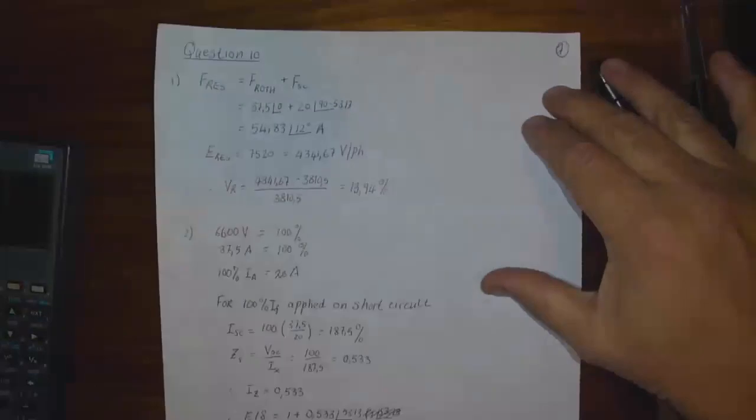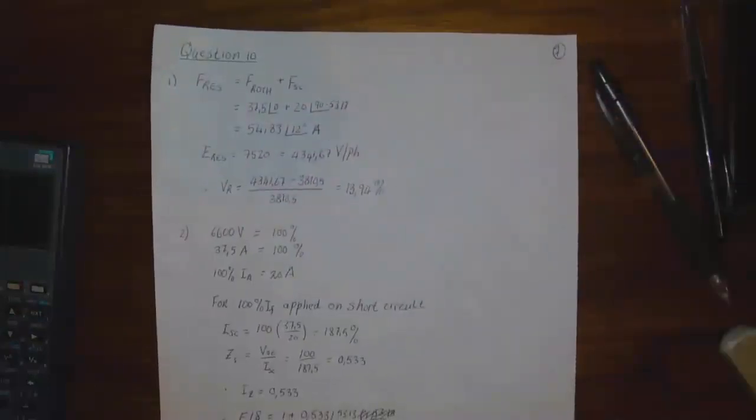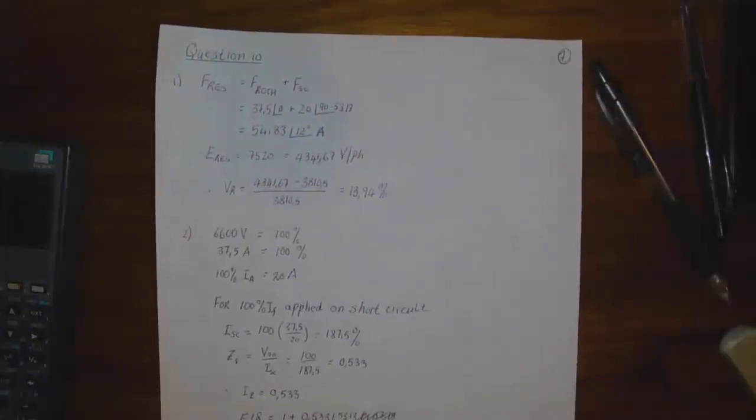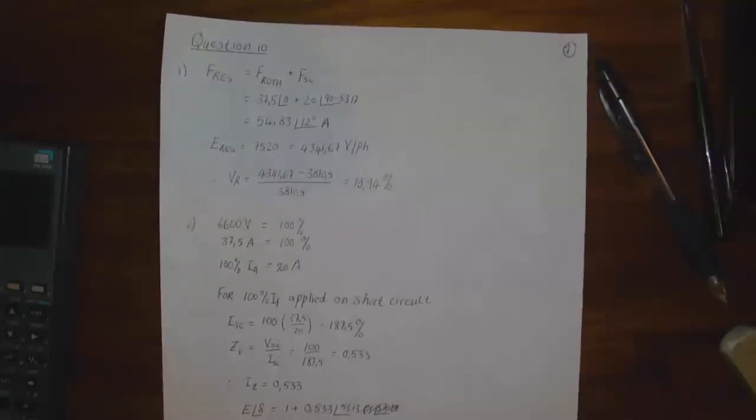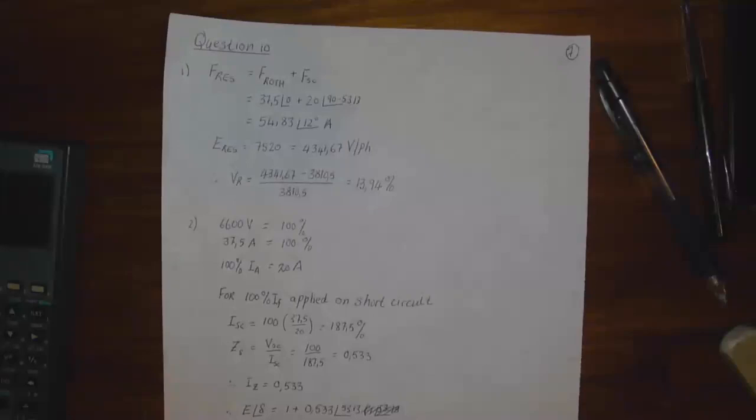Okay, question 10. That's a bit of a tricky one. It says your excitation to give rated voltage is 37.5, and the excitation that gives you full load on short circuit is 20. So that gives you 54.83.